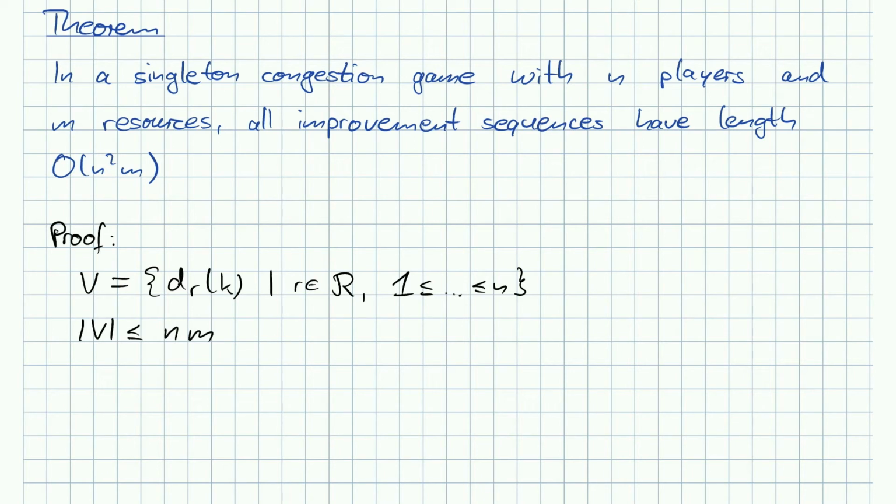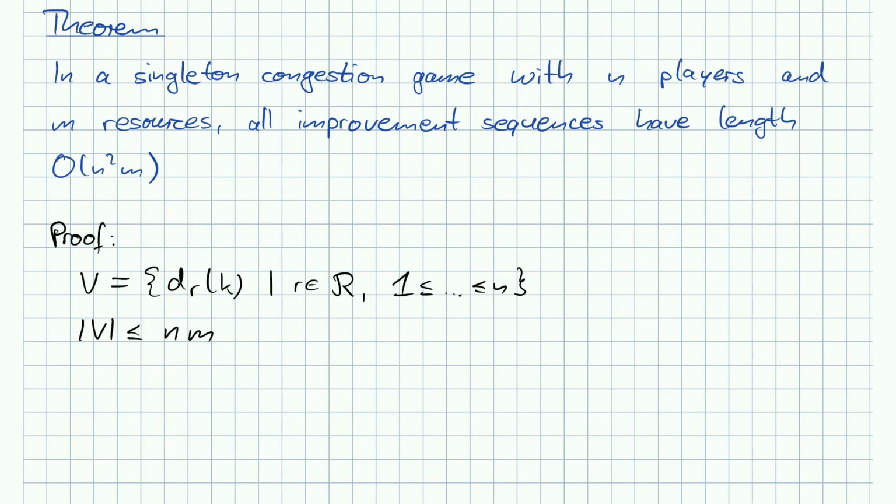Because there are at most m different delay functions. For every resource we have a delay function, and a delay function has exactly n possible values. So at most there can be n times m, so number of players times the number of resources, possible different values.